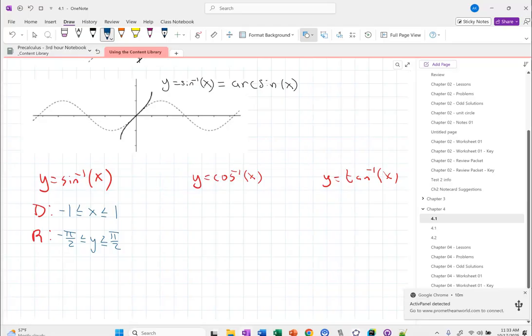So we can do the same things for cosine and tangent inverses. I'm not going to go through the whole graph rigmarole again because it's the same process over. Is that okay? I'm just going to write down their domains and ranges, and we'll talk about how to use those in a moment.